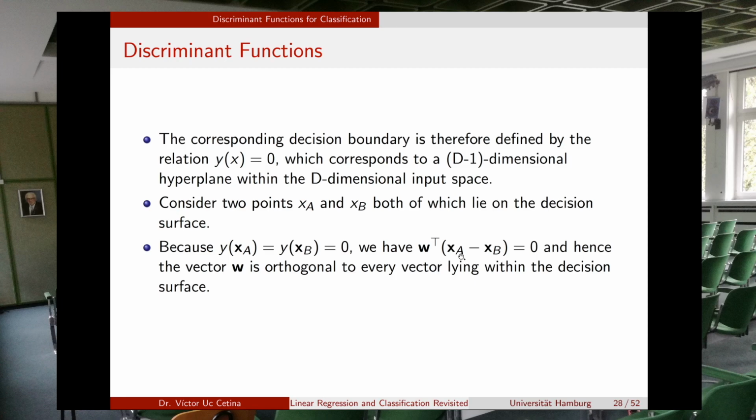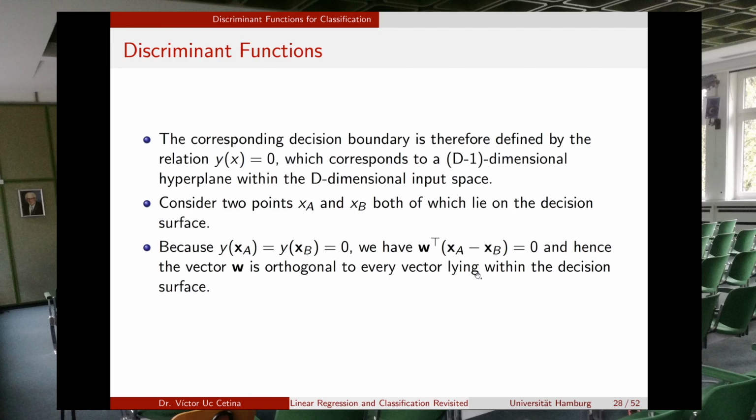And in this specific case, when we say xa minus xb, we are considering a vector that is lying exactly on the decision surface. I'm going to show this in the next slide, but at this point it is important to see that this product equals 0, and that means that w, the vector of parameters, is perpendicular to the decision boundary.